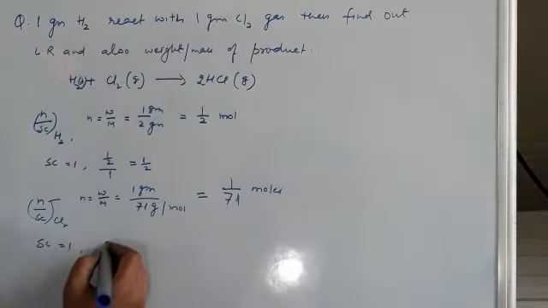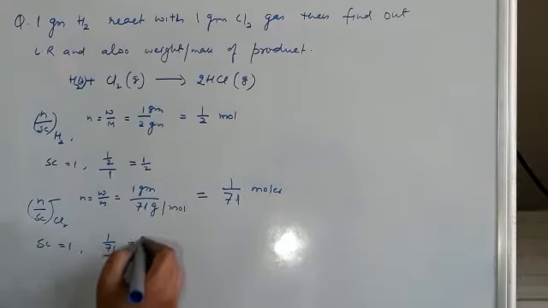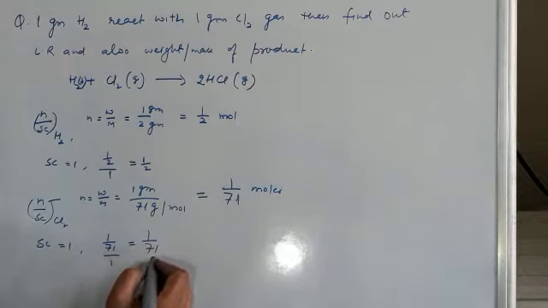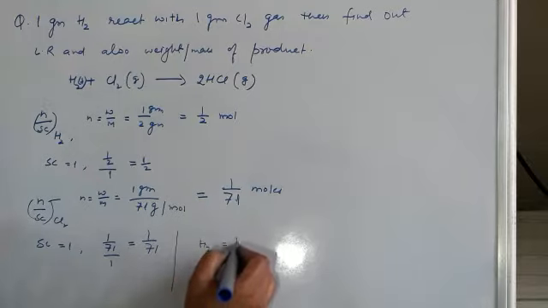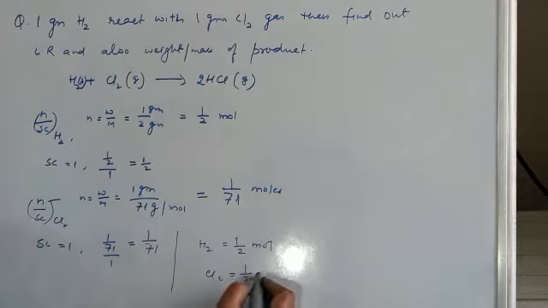The stoichiometric coefficient is 1, so it comes 1 by 71. Hydrogen comes 1 by 2 mole and chlorine comes 1 by 71. So which one will be the limiting reagent? Obviously chlorine, because its value is the least. It is consumed first in the chemical reaction.